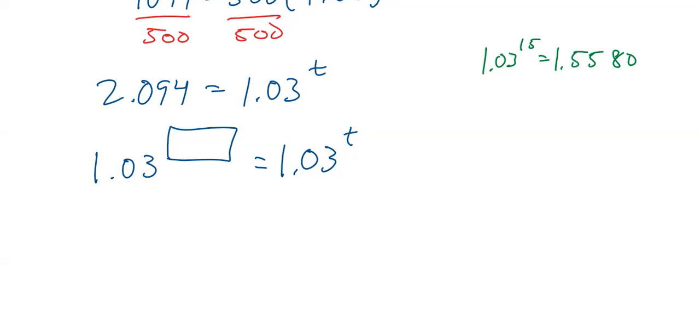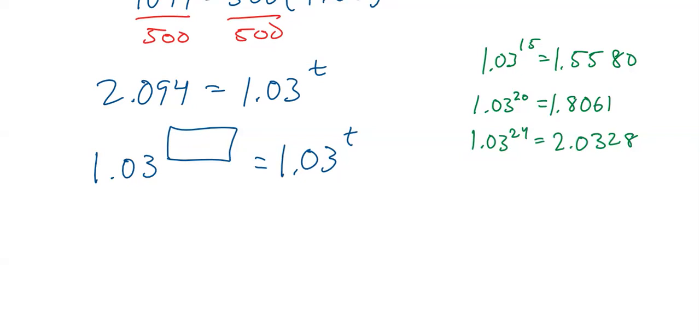So 1.03 to the 20, and I'm just writing these down right now for the notes, so that you can see my train of thought. 1.8061. So I'm getting closer. Okay. 1.03 to the 24 is 2.0328.